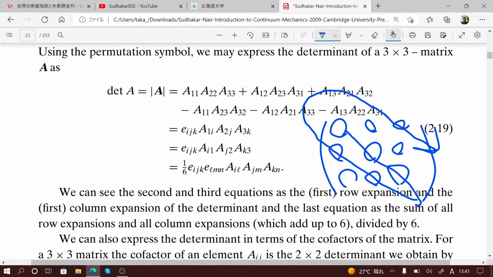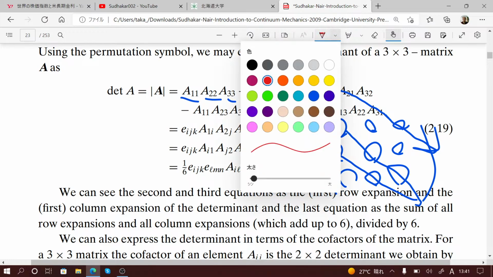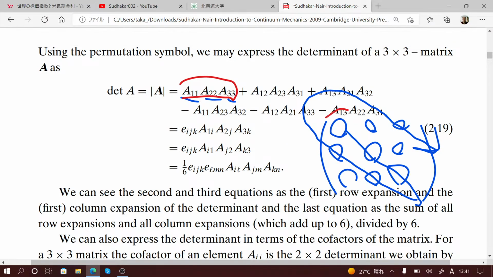Let me use color. This one is 1, 2, 2, 3.